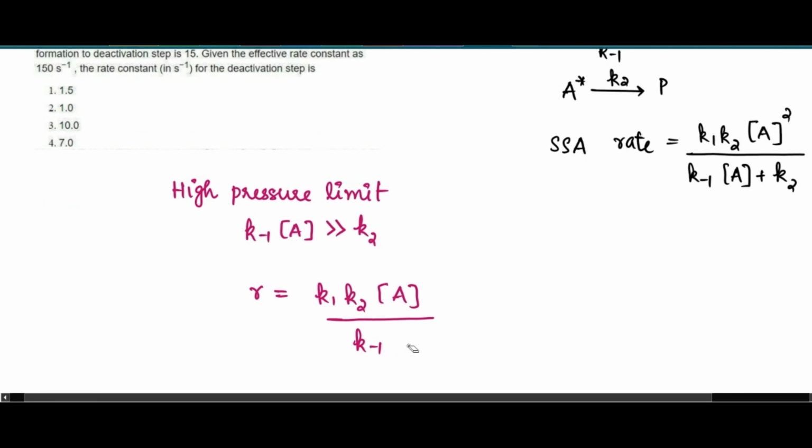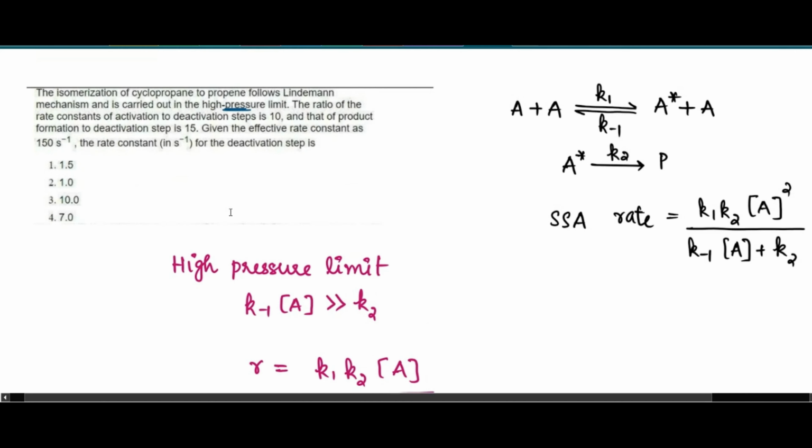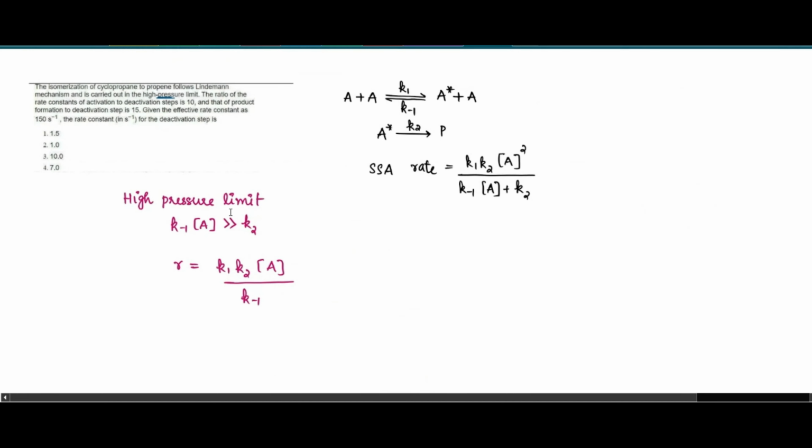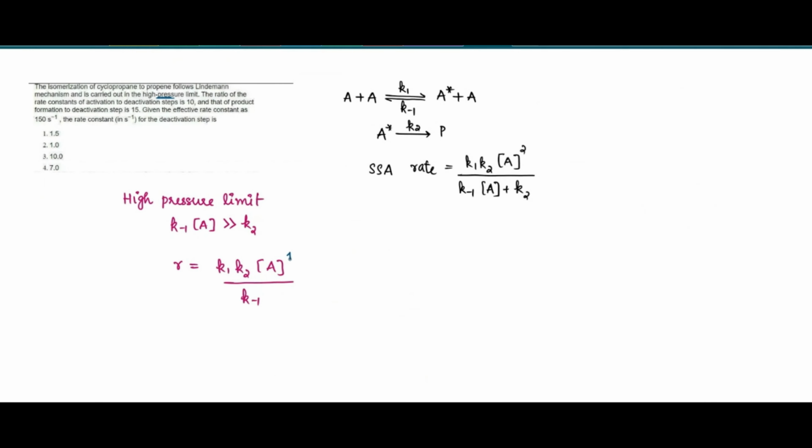So eventually, the mechanism that is given to you follows first order kinetics. Rate is equal to K1, K2 divided by K inverse, times A. This is from the Lindemann theory.